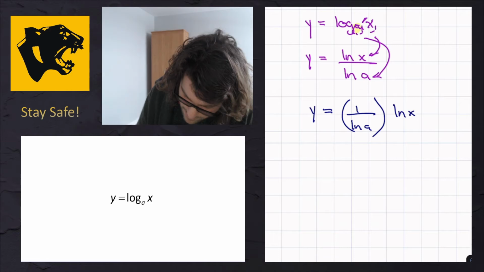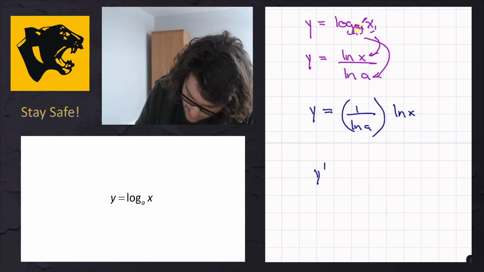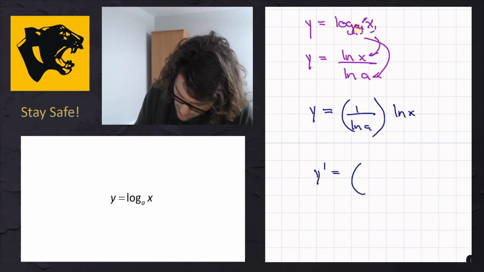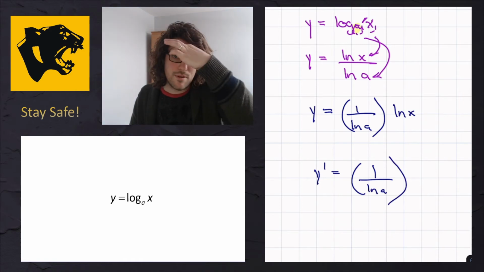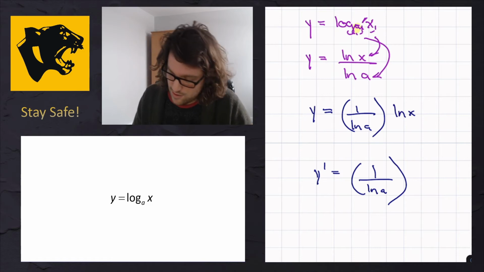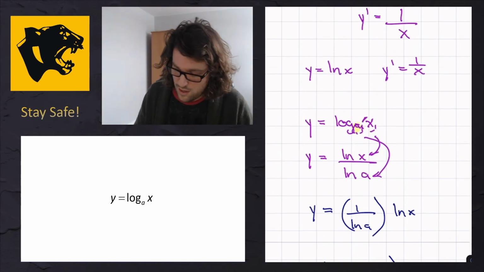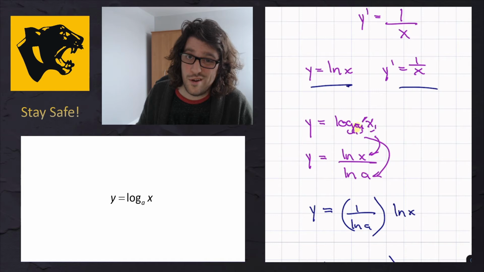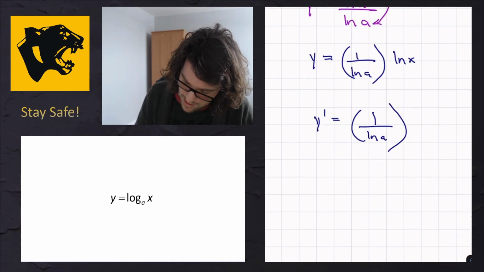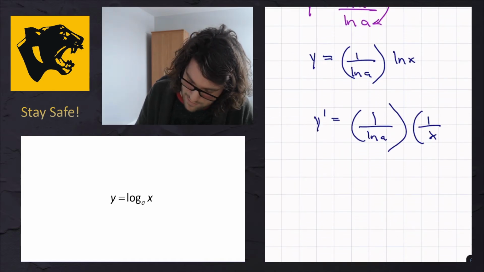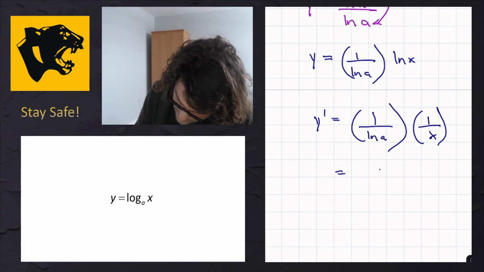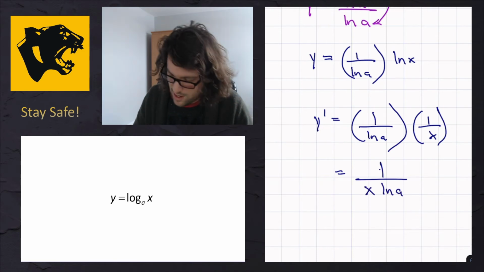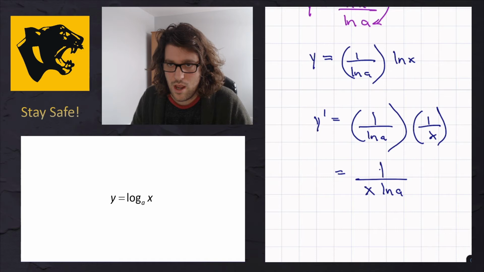Now I'll take the derivative. So in this case, y prime is equal to, by the constant multiple rule, I just leave this out front, times the derivative of ln x, which we just came up with. The derivative of ln x is 1 over x. So now we have that the derivative is equal to 1 over x times ln A. We'll just multiply our two denominators together.